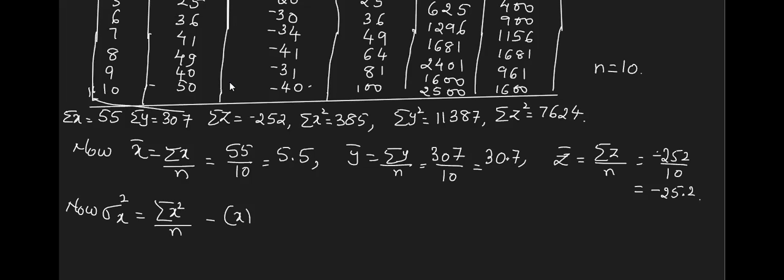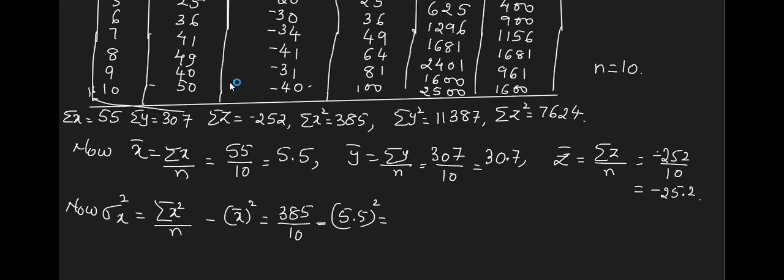This is important, that x bar square is separate. Don't take the whole divided by n. So summation of x square is 385 divided by n, which is 10, minus x bar square. What is your x bar? 5.5 square. First calculate this and then minus 5.5 the whole square.